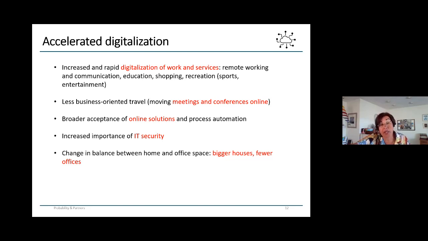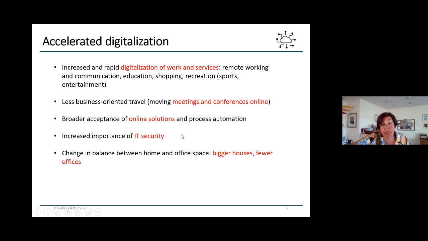At the same time, we observe a great importance of IT security, as well as a changing balance between the home and the office space. While in the past we were able to accept smaller houses and large, beautiful offices, I think the situation now is tending to reverse as we do more and more things at home.